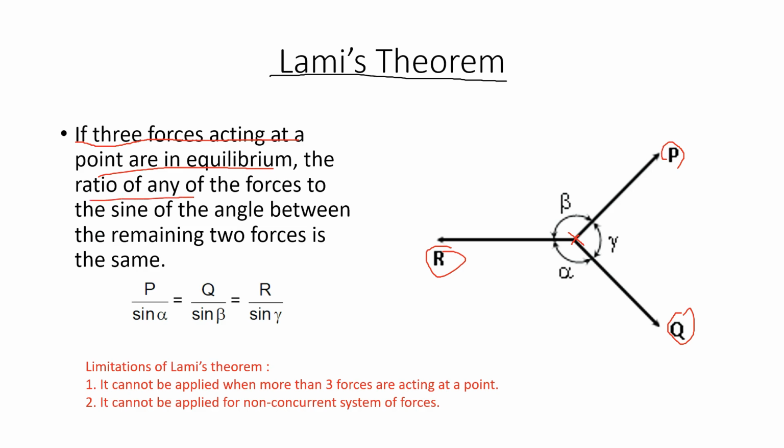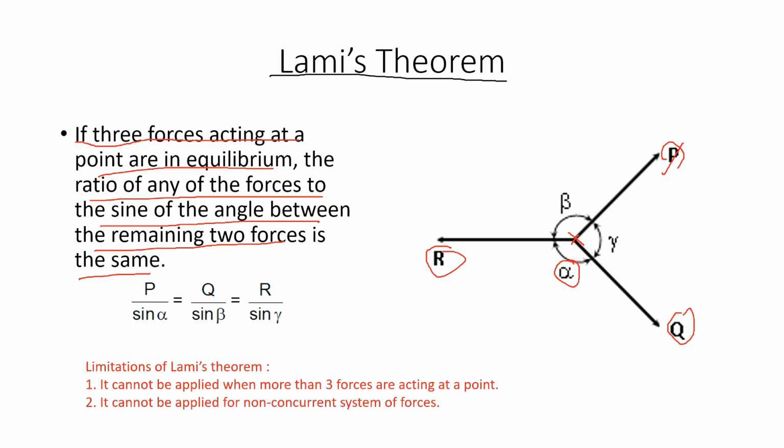Then the ratio of any of the forces to the sine of the angle between the remaining two forces is the same. That is, the ratio of that force and the sine of the angle between the opposite forces is the same.